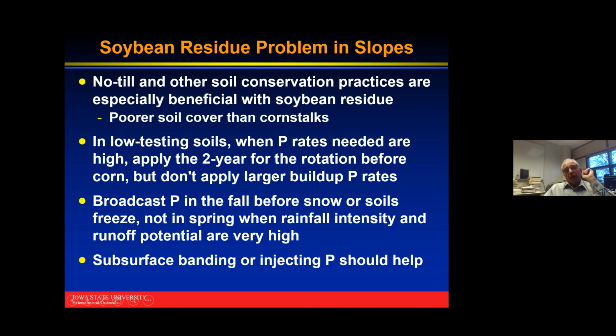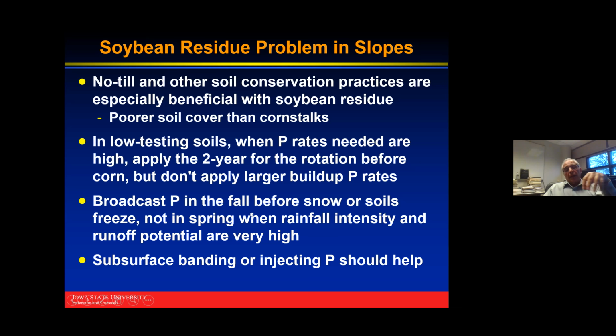Now, most people that have low testing soils apply much more than the rate to maximize yields for 2 years. And then this issue about application in the fall before snowfall or soils freeze is important, not in the spring when rainfall intensity and runoff potential are very high. Okay, and then of course subsurface banding or injected P should help.